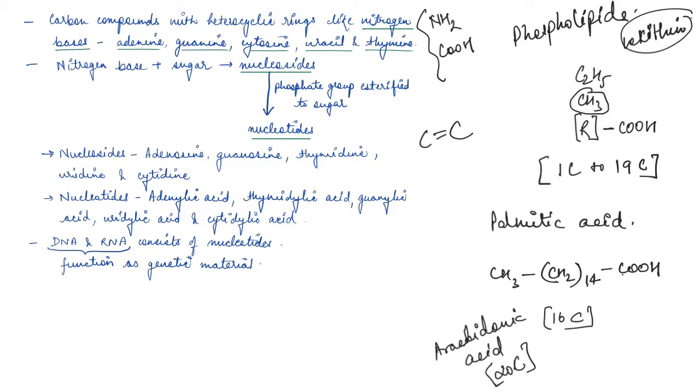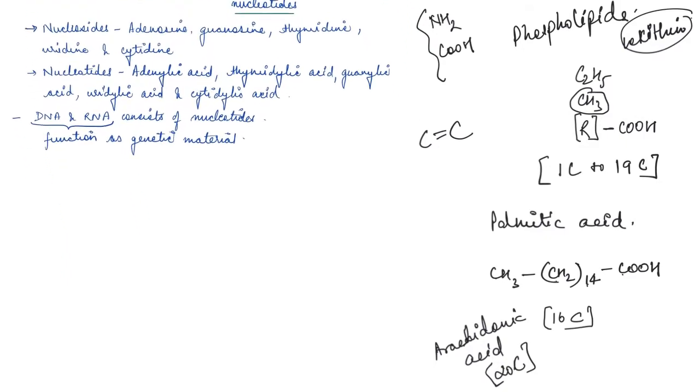These nitrogenous bases plus sugar form nucleosides, and when nucleosides are attached to a phosphate group, they form nucleotides. These are the constituents of DNA and RNA, which contain nothing but these nucleotides, and DNA and RNA are the genetic material.